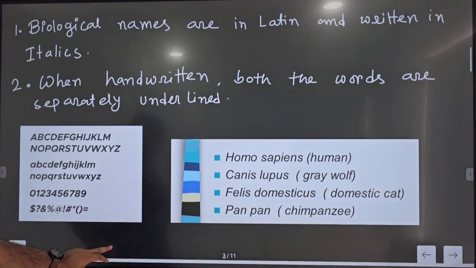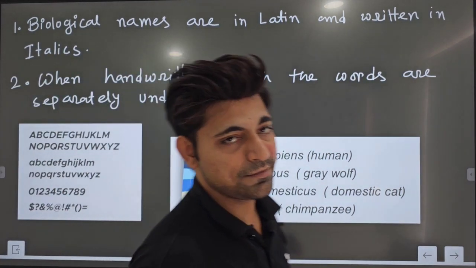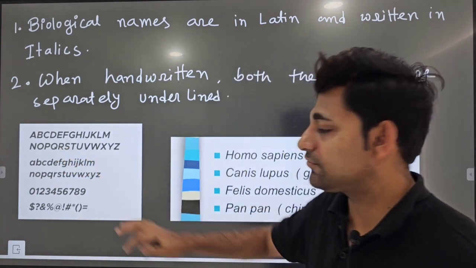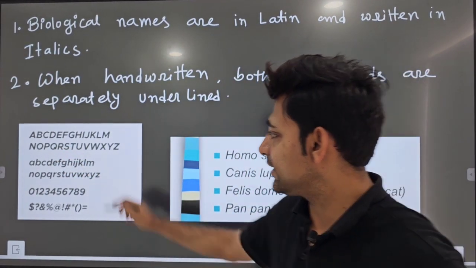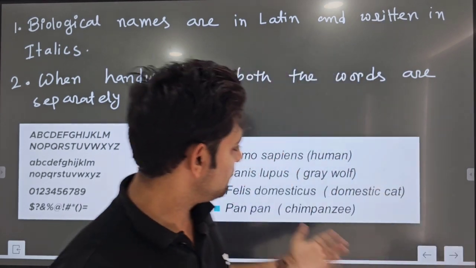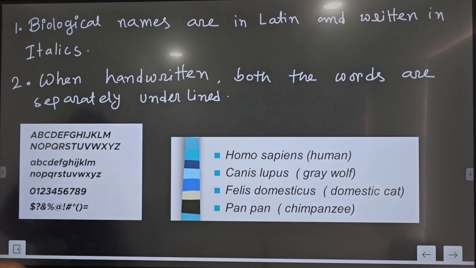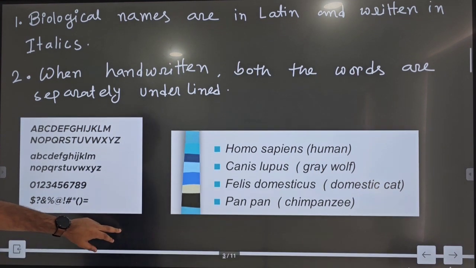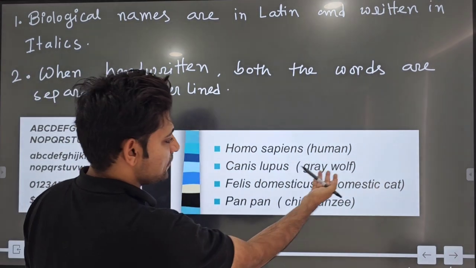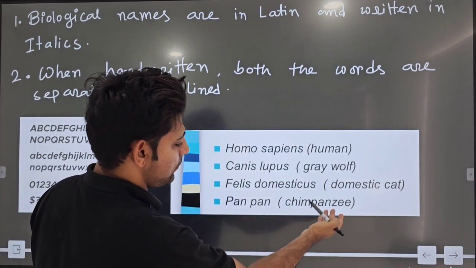Okay, so this is what I was telling, that biological names are always written in Latin, and when you are typing, the font should be italic. Every name written here is in italics. Homo sapiens, human; Canis lupus, grey wolf; Felis domesticus, domestic cat; Pan, chimpanzee.